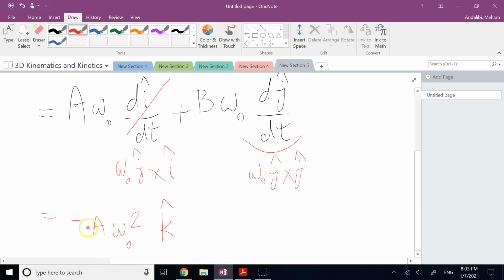And you have to bring A and simplify, and that's going to be the answer. So you can write it as negative omega naught squared.